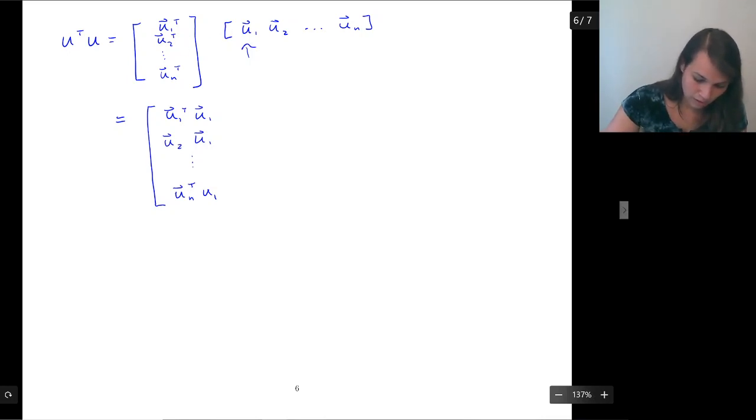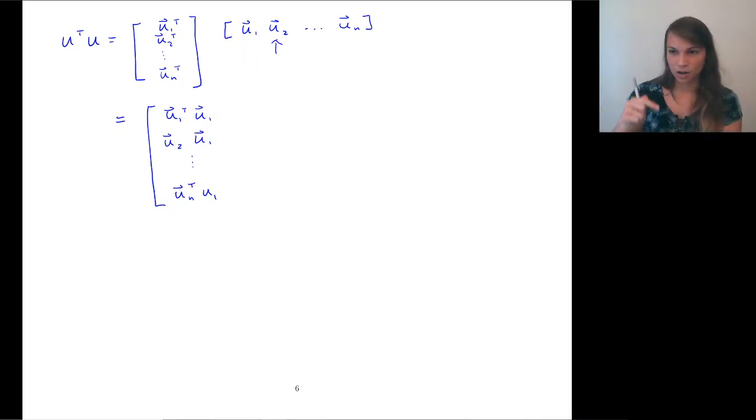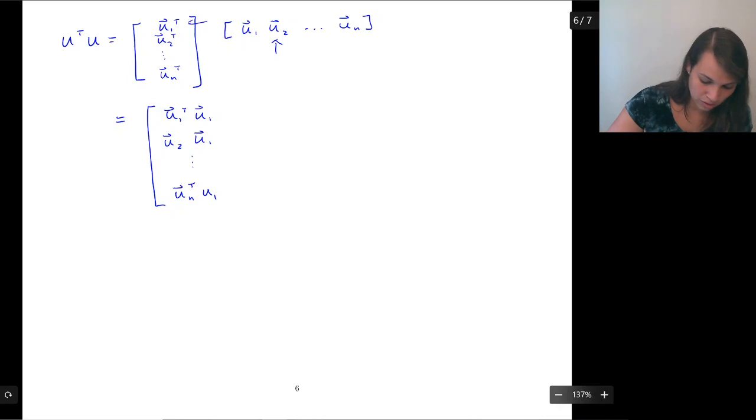Okay. Now we're going to move to the second column. That means to get each row in the second column, we use each row here. So that'll be a U1 transpose now times U2.